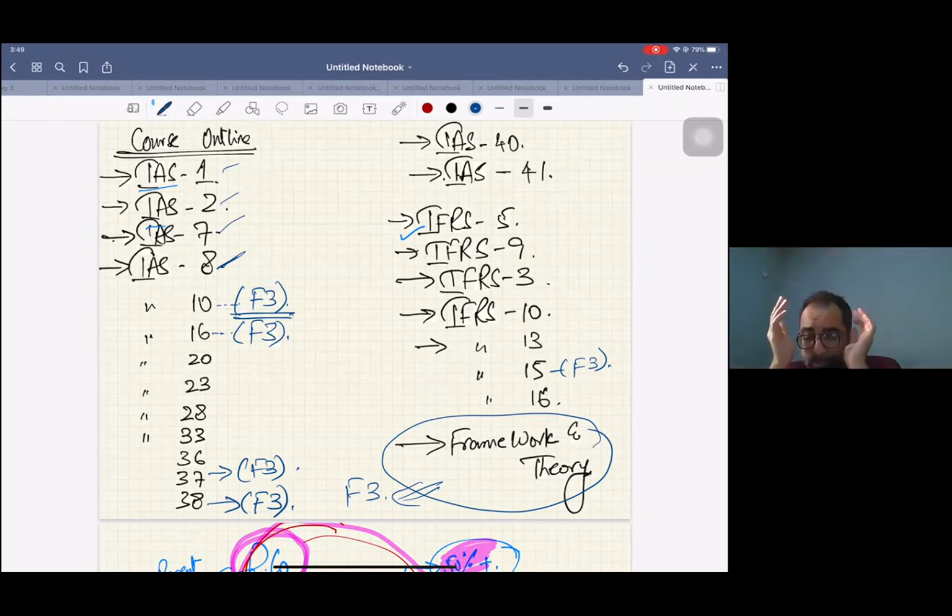Now these standards, wait, let me highlight.